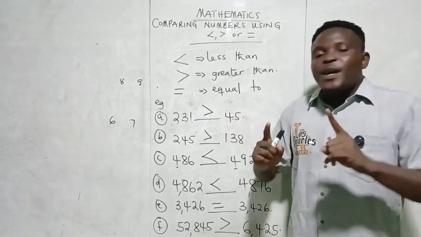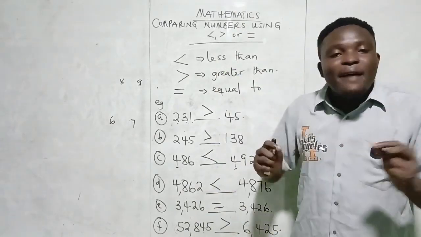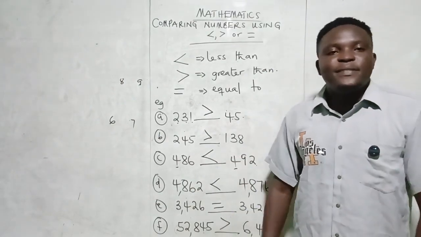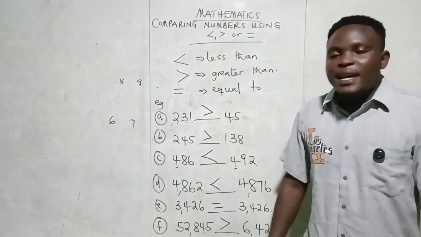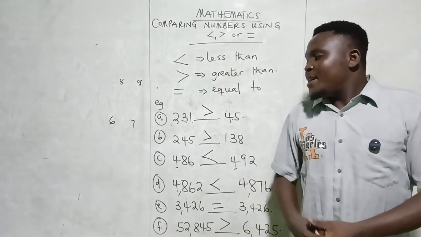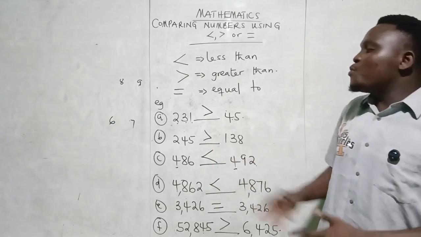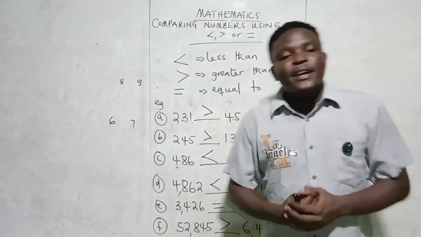After counting, you will only proceed to the second rule if that does not work. If they are having the same number of digits, then you have to compare their first numbers. If they have the same first number, you check their second. If they have the same second, you continue to their third. If they have the same, you continue on to the last. So this rule can work on any number of digits that you decide to use.